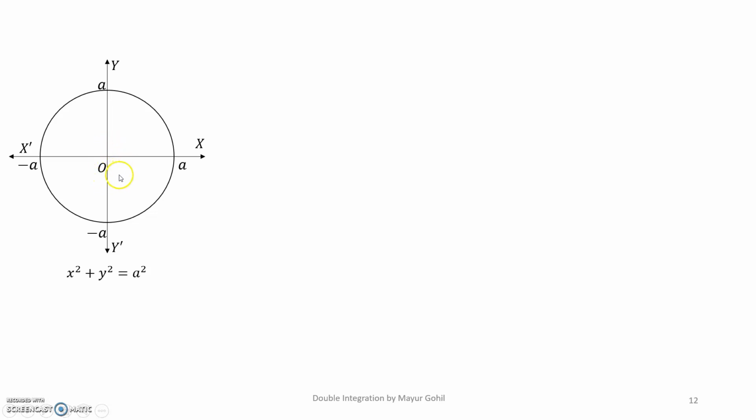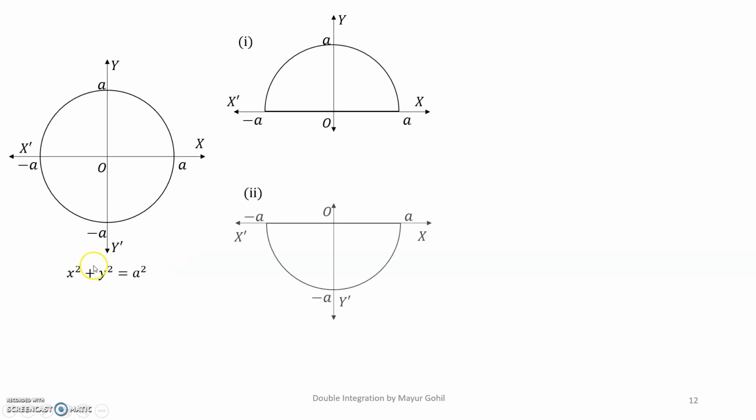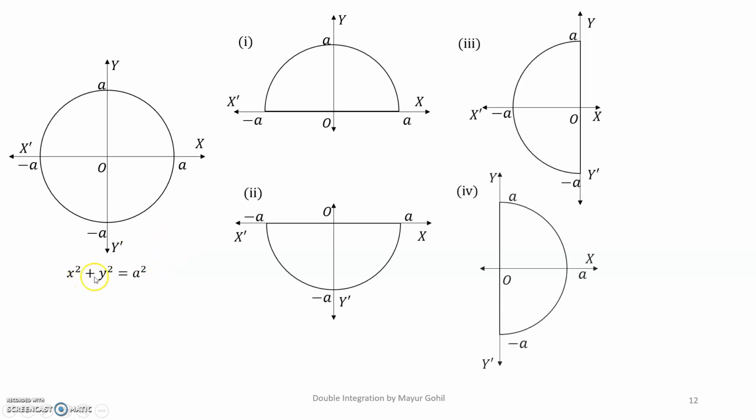Alright. So now the question is: how can we associate the equation of the circle to these semicircles? Because if you observe semicircle 1 and semicircle 2, if you take the union of both of them, you get the circle back again.